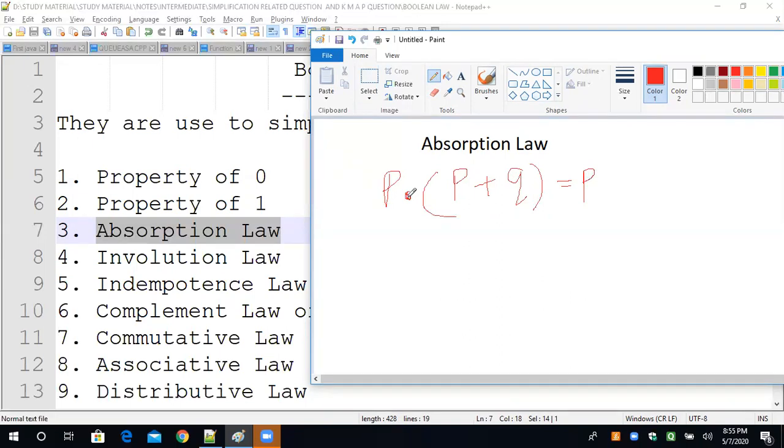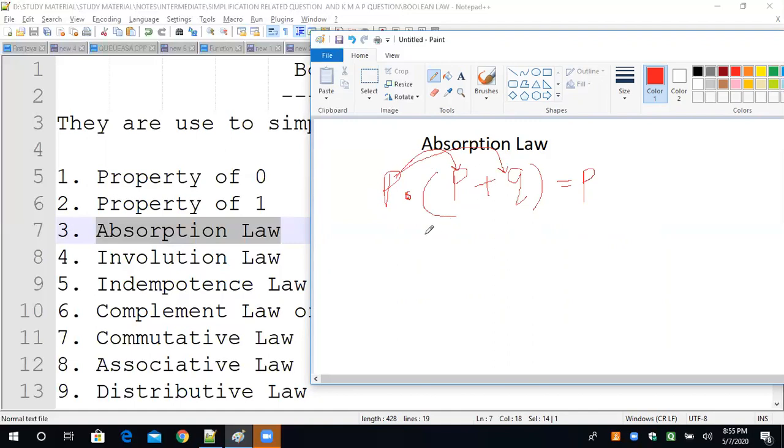I will explain the distributive law a little bit later, but I'm just using it in a very simple manner. So what exactly is the distributive law? Suppose this is the dot sign, this is the plus sign. If P is outside, according to the distributive law, this P will be multiplied with this and the same P will be multiplied with this also, with the plus sign.